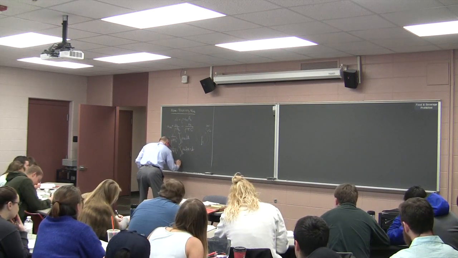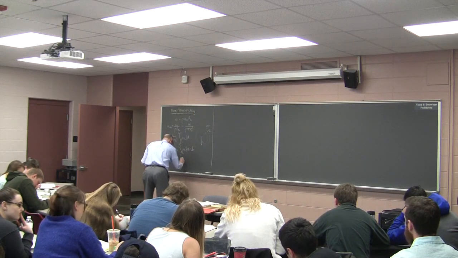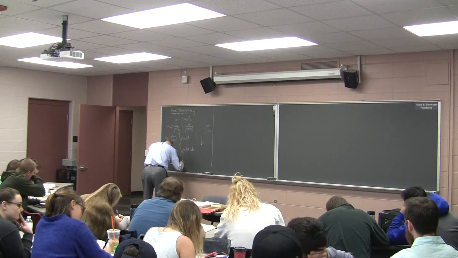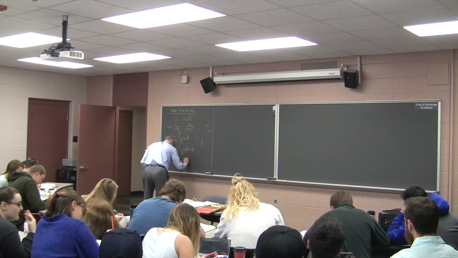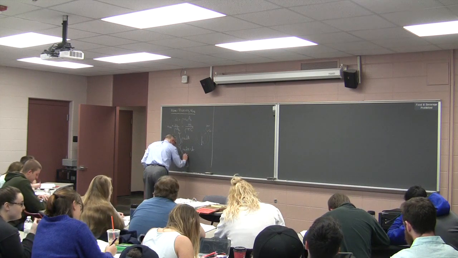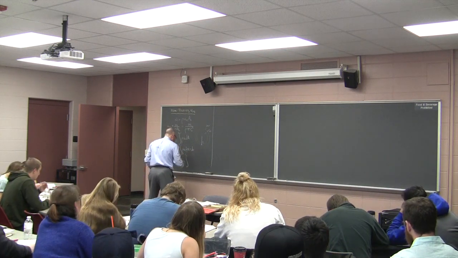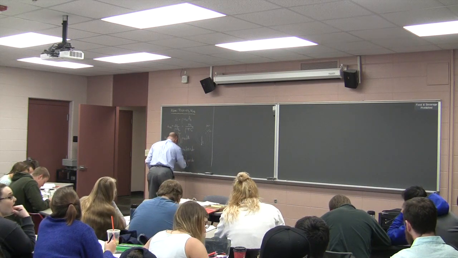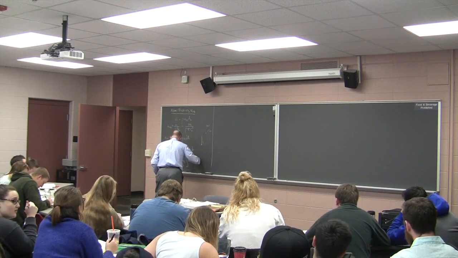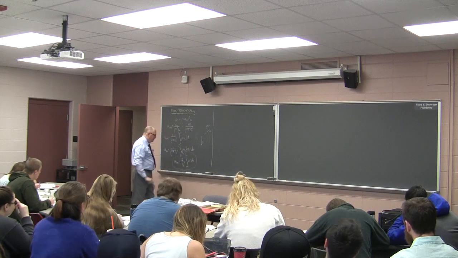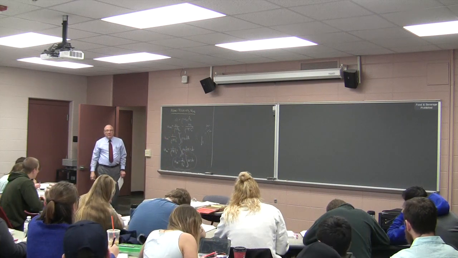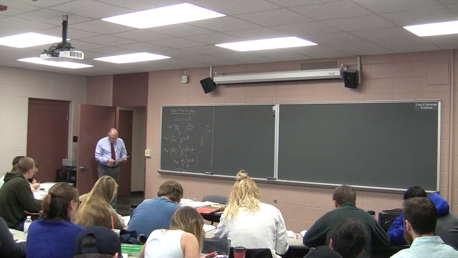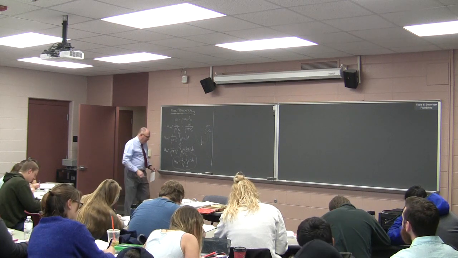My mean velocity is equal to 2 over r0 squared times the integral from 0 to r0 of u times r times dr. That is equation 8.8.